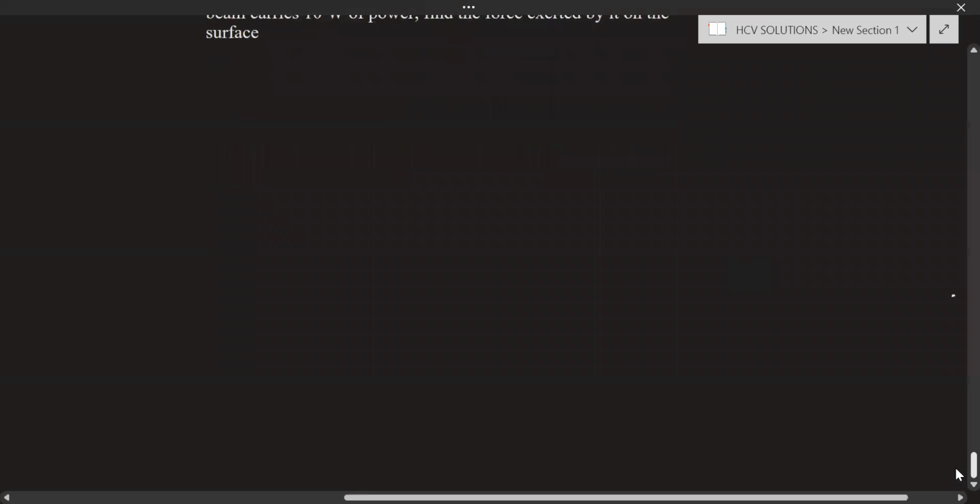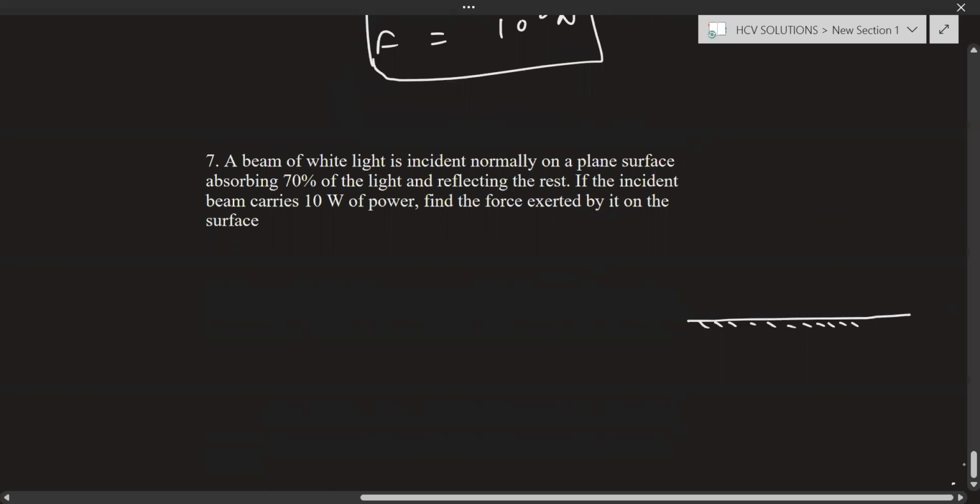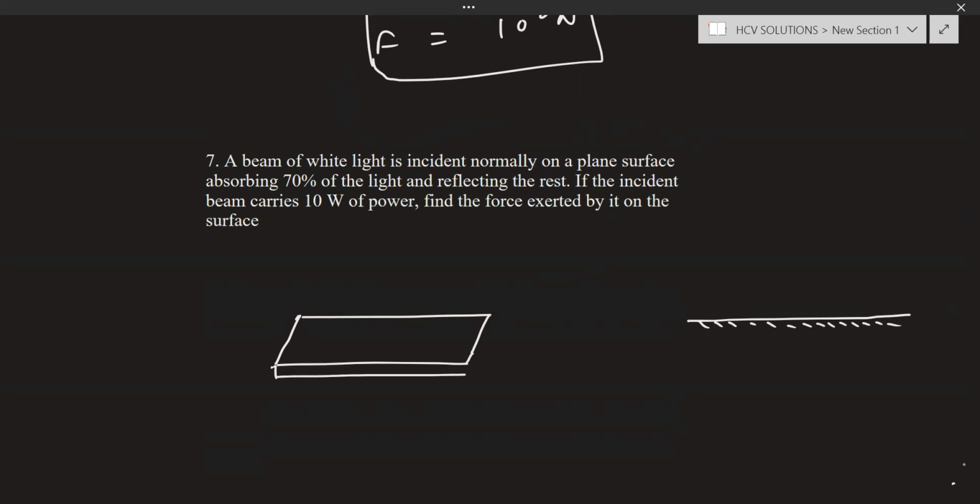We'll see this question. Light is incident normally on a surface. It may be any surface, not a completely reflecting surface, and here there can be absorption also.